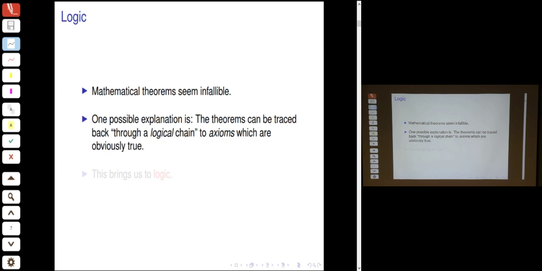One possible explanation is that those mathematical theorems follow logic, right? What I mean by following logic is that when you establish a theorem, you have to go through something called a proof. So what is a proof? A proof is like a logical chain, right?